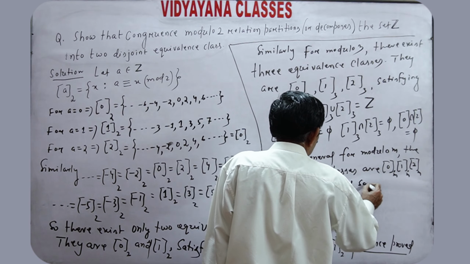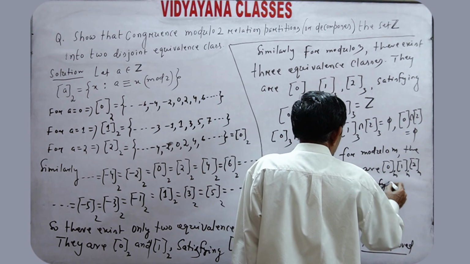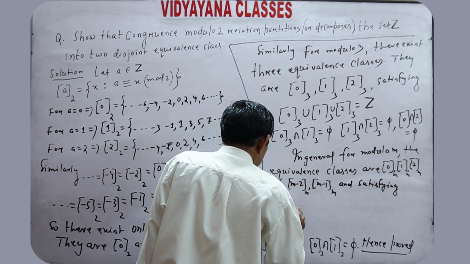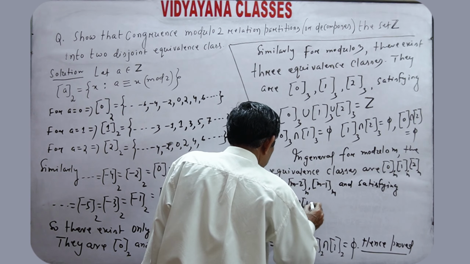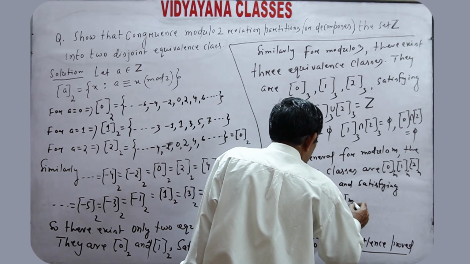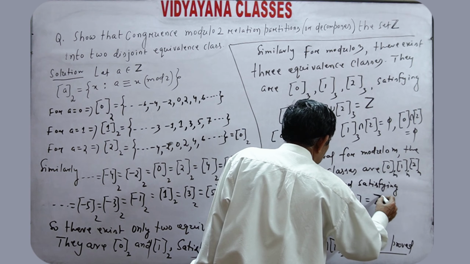And they satisfy equivalent class of 0 modulo M union equivalent class of 1 modulo M union and so on, union equivalent class of M minus 1 modulo M is equal to Z set.